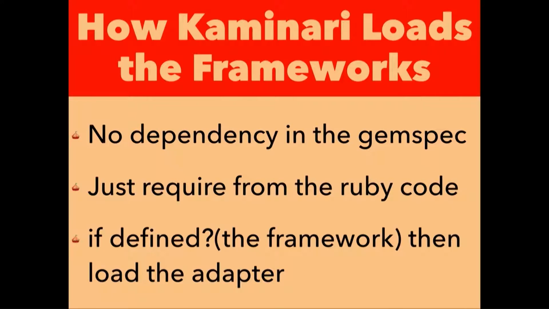So, how does Kaminari load the frameworks? Kaminari doesn't define any dependency on them in the gemspec. It just requires these frameworks from the Ruby code, then loads the Kaminari adapter for them if the framework was found.